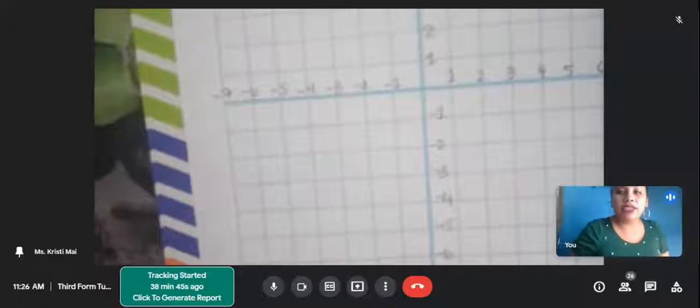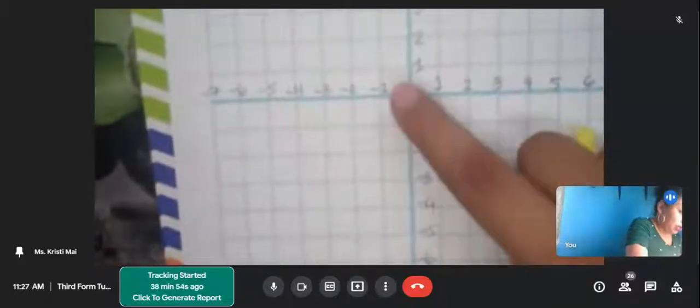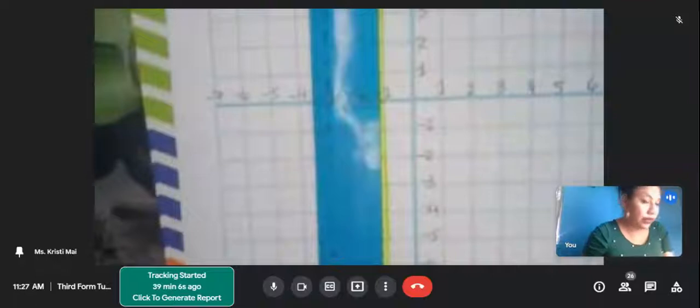When it says x is equal to -1, I need to find -1 on this axis. And -1 is right here. So I'm going to draw a line right there. That is my line of reflection. That is where I want to reflect this image.